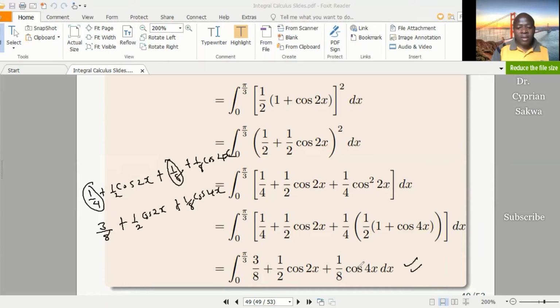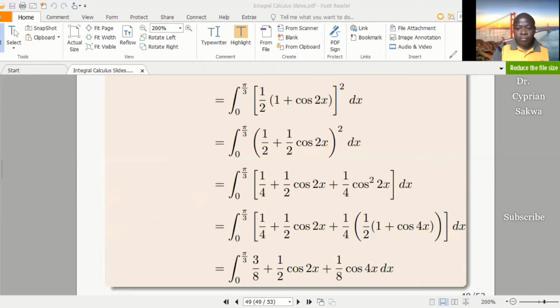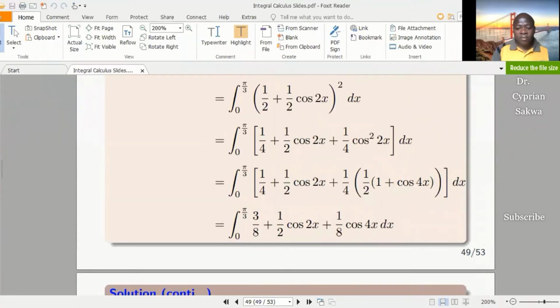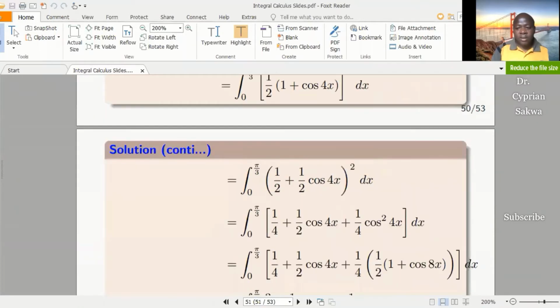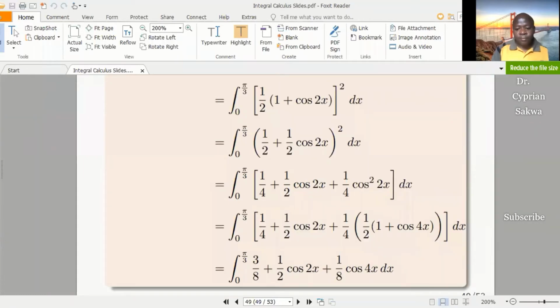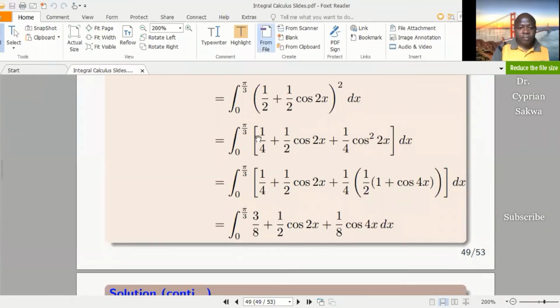It's now easy for us to integrate this because we no longer have the powers. The exponents are no longer there, so we can do the integral. We had looked at how to integrate trigonometric ratios earlier in our other video. So let's just integrate. Of course, remember you have limits.